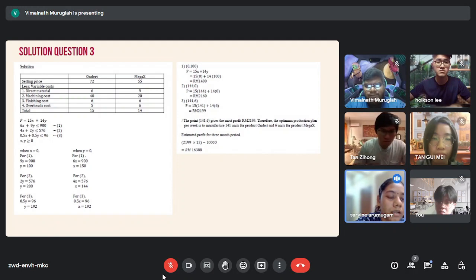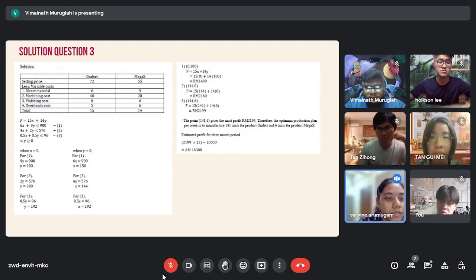Machining cost is 4 hours times RM10 per hour, so 40, and 2 hours times RM10 per hour, so 20. Finishing cost is 6 and 6, because half an hour, 30 minutes, is RM6 for each. Overhead cost is RM5 and RM6, so the totals for Ondit will be 15 and Mega X is 14.